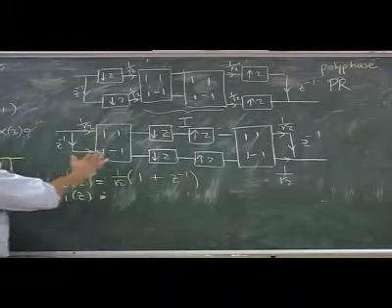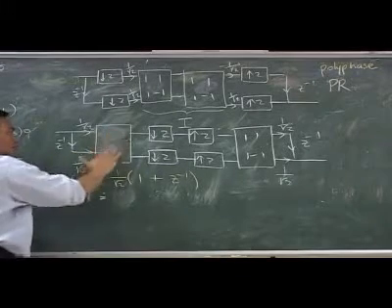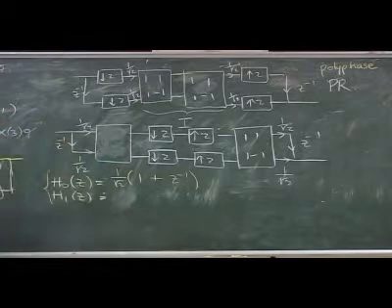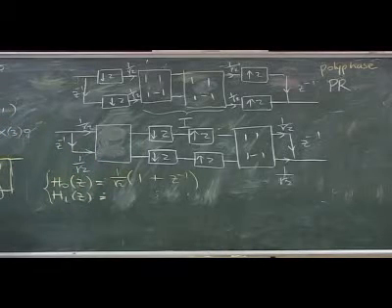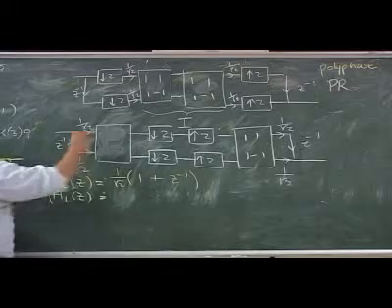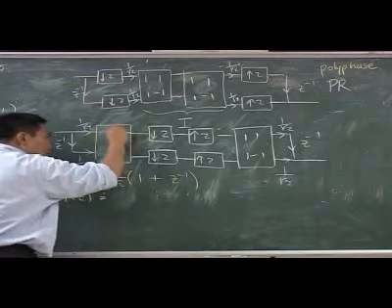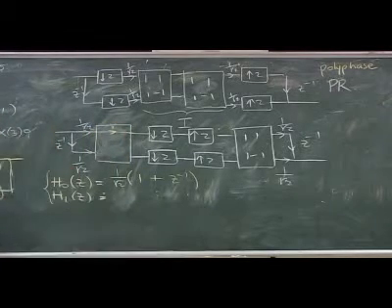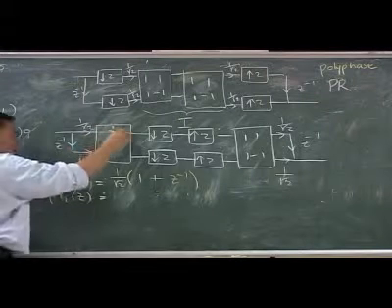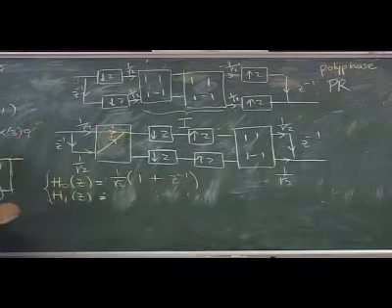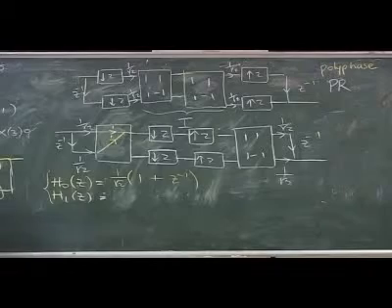So I want to erase this and draw this in the branches, okay? What does 1, 1 mean? It means that this path is 1 and this branch is 1. Right? Okay?